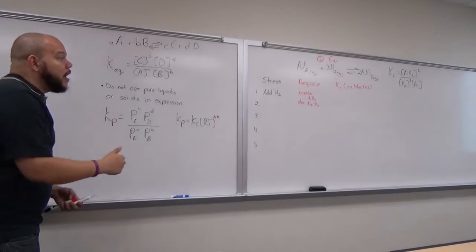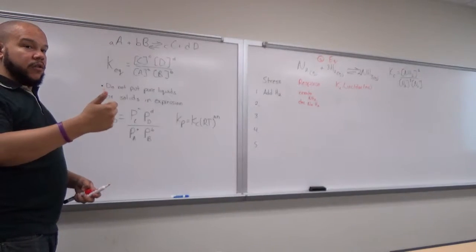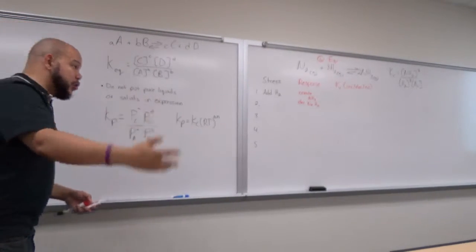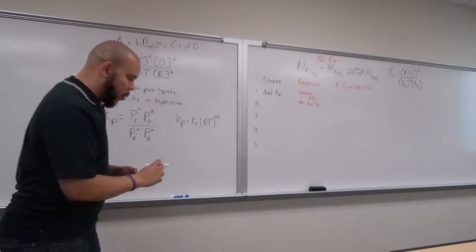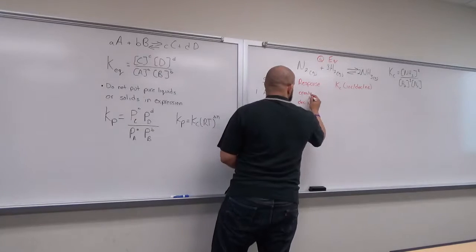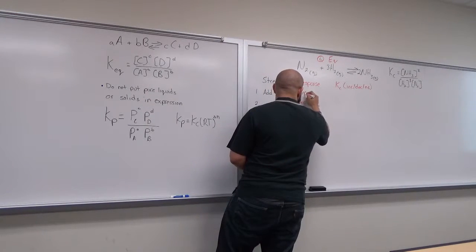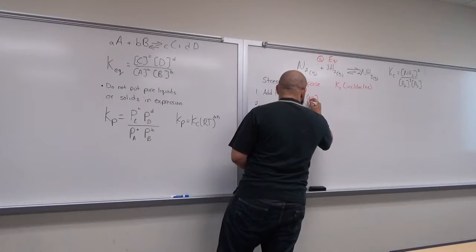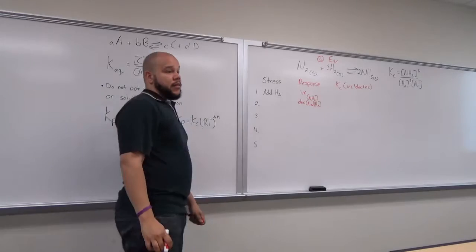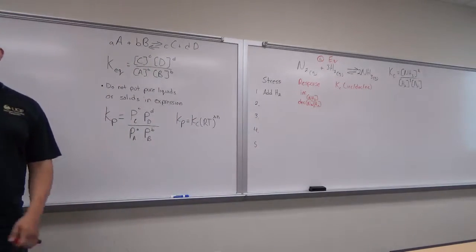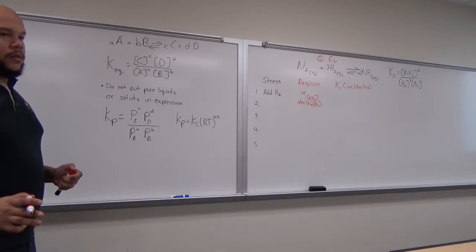So the response is to create NH3, which will increase NH3, and to use up the reactants, which will decrease the reactants. So more importantly, you're better off saying increase concentration of NH3 and decrease concentration of these two, right? That's the simplest, most basic equilibrium way to describe the response of the system.